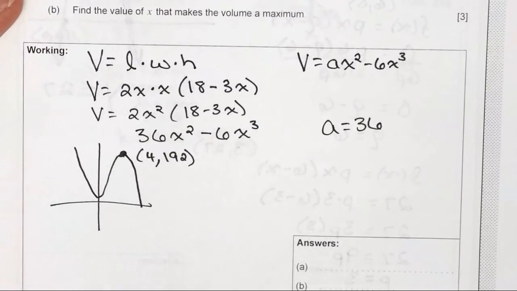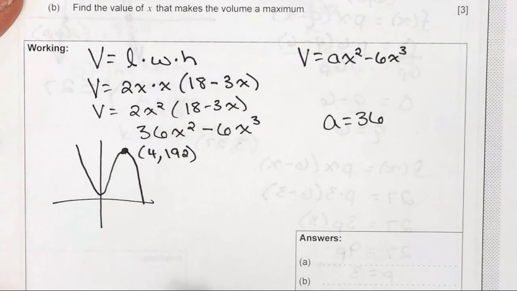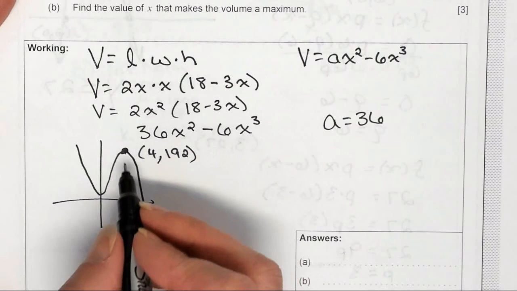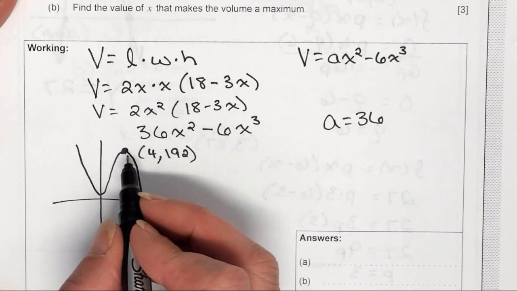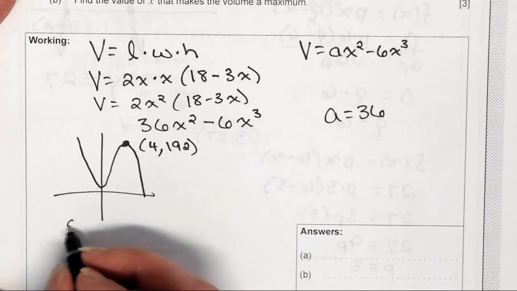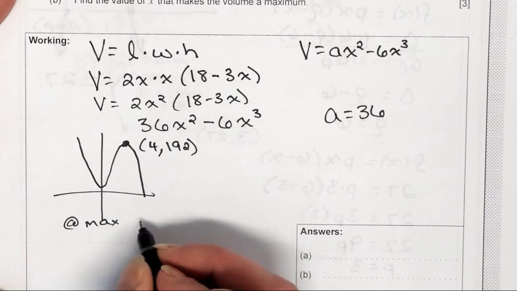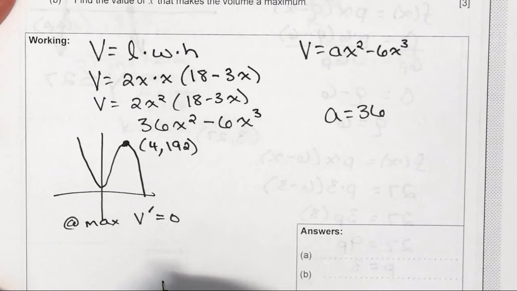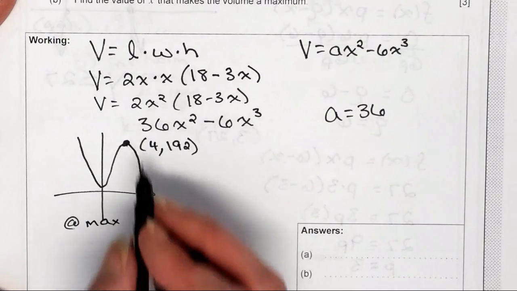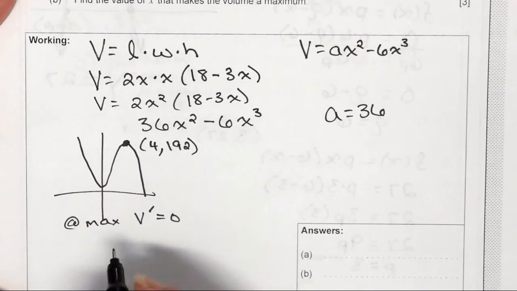The non-calculator way to do this is, what's the slope? 0. At a maximum, the slope, the derivative, would be 0. That's the other way to do it. I would have to find the derivative of that.